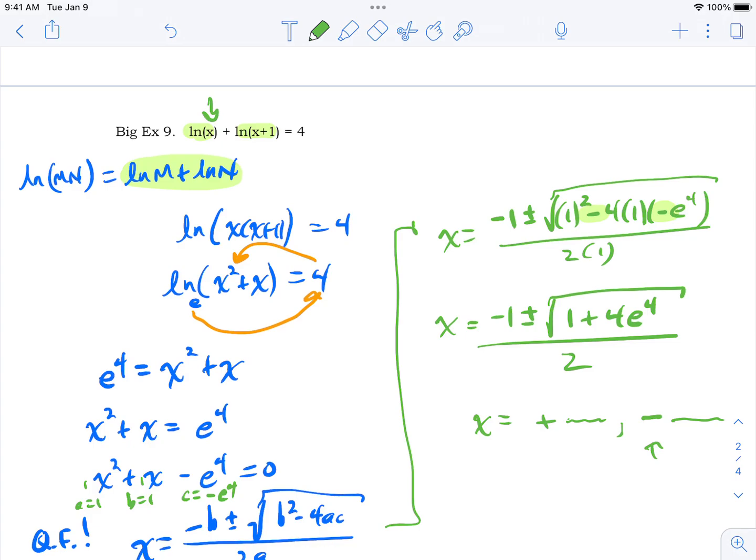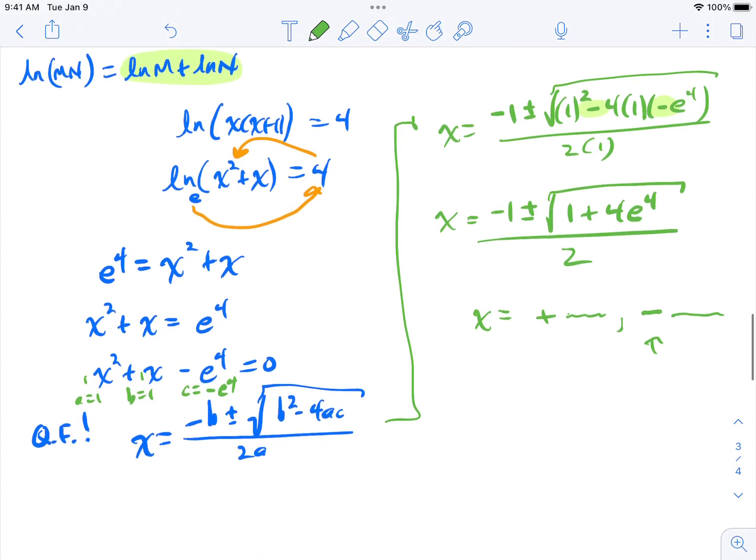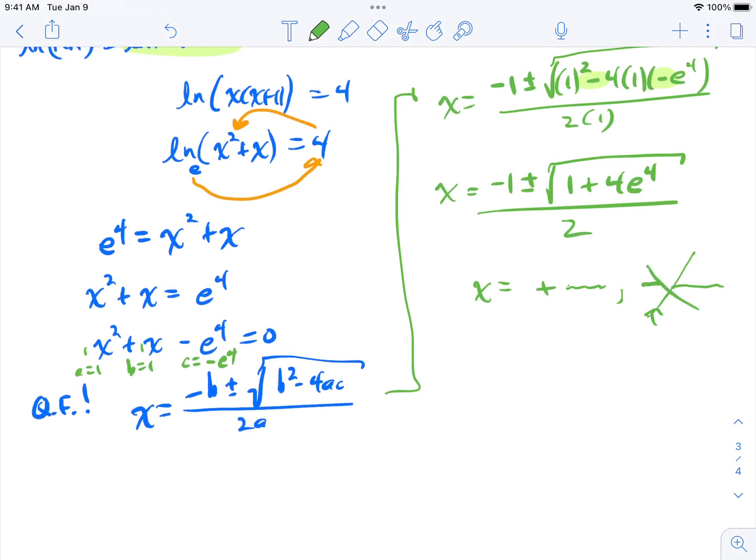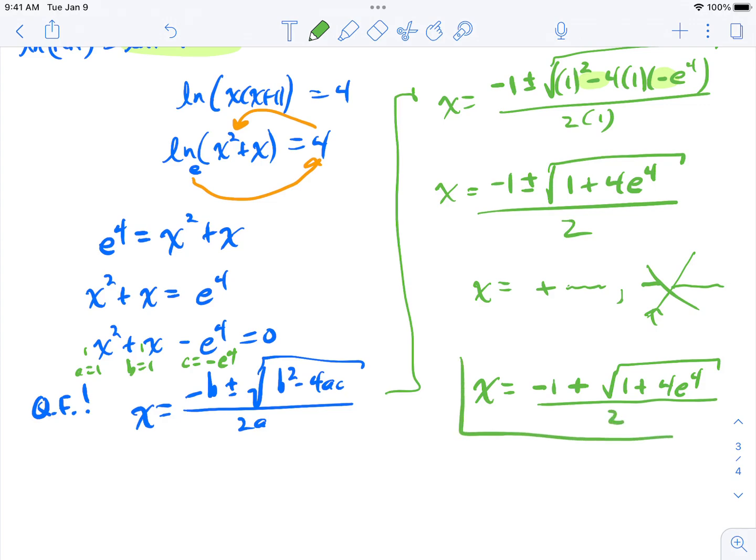We cannot accept x being a negative answer, because you cannot plug a negative into a logarithm, so we'd have to throw that one out. And so, since we have to throw out the negative one, we only add. It's not plus or minus, it's only plus. Like this: negative 1 plus the square root of 1 plus 4e to the fourth, all over 2. There is our one answer.